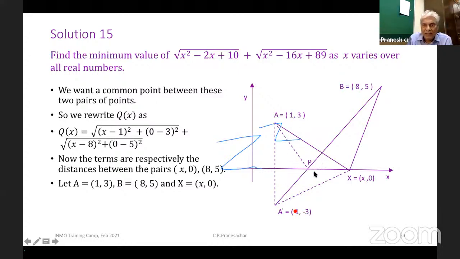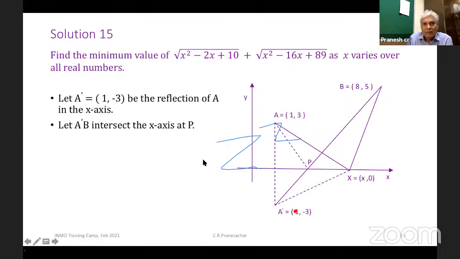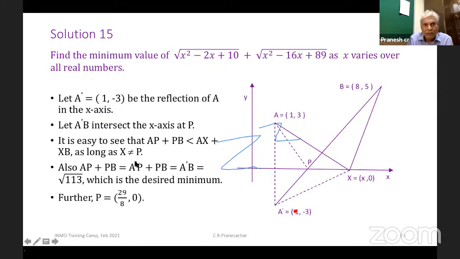So P is the required point. As long as X is different from P, AP plus PB is minimum, and this minimum value is given by A dash B.